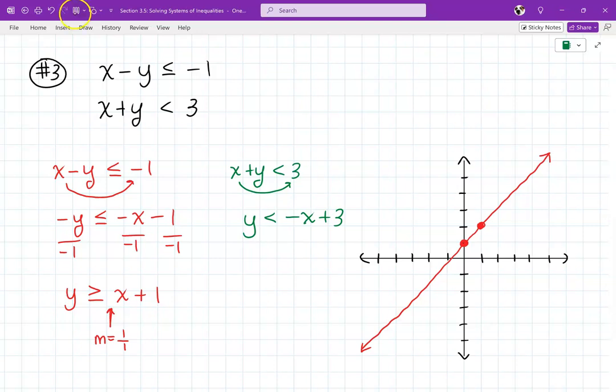Greater than or equal to. So shade above.